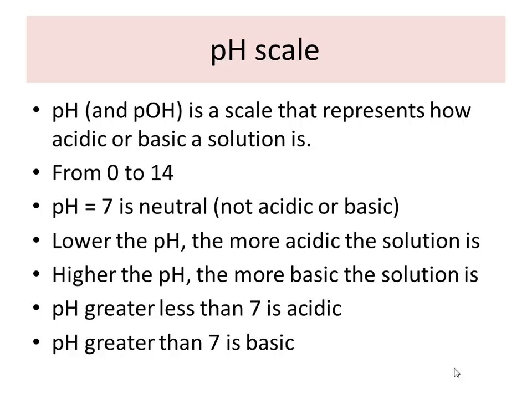The lower the pH, the more acidic something is. The higher the pH, the more basic something is. And I added an extra greater than, but less than 7 is acidic, greater than 7 is basic.